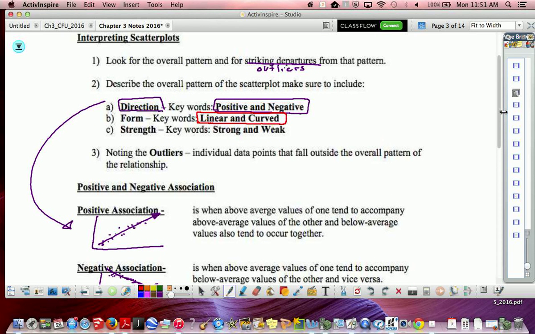When we talk about it being linear, you'll see the data fall in a pattern of a line. However, you could get something that looks curved, like that, where you can see a distinct curvature to the pattern in some shape or form.